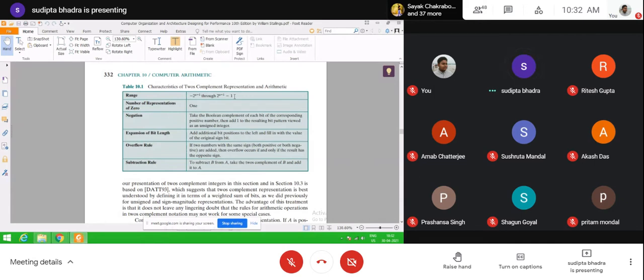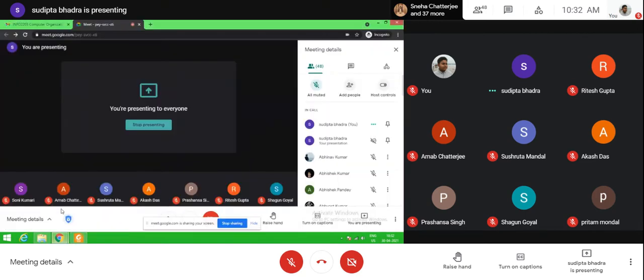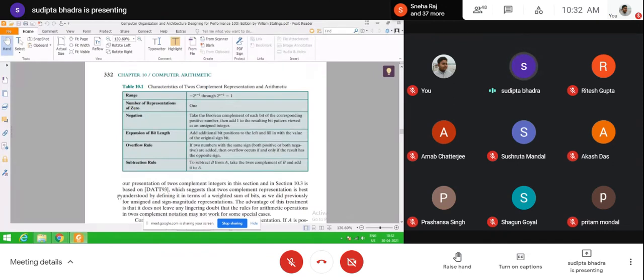Now this two's complement representation of the number is a convenient way for arithmetic operations. As per the characteristics of two's complement representation and arithmetic, first is the range.